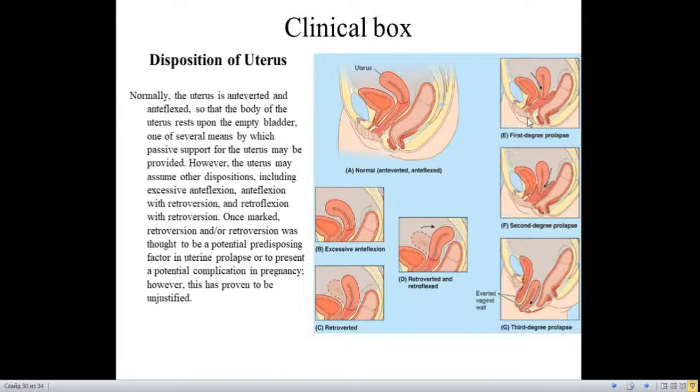We described the normal position of the uterus in the pelvic cavity, anteflexion, anteversion, but this diagram demonstrates pathological positions of the uterus, and one more thing known as prolapse, when due to relaxation of ligaments, weakening of the urogenital diaphragm, the uterus goes down and passes through the vagina and appears even visible outside. It is named prolapse of uterus.